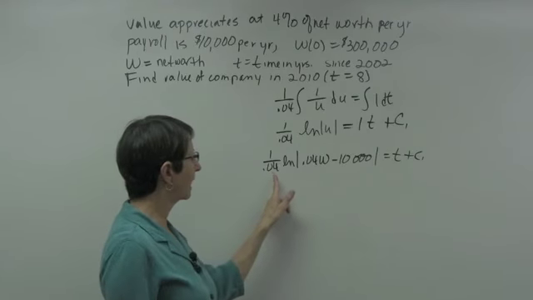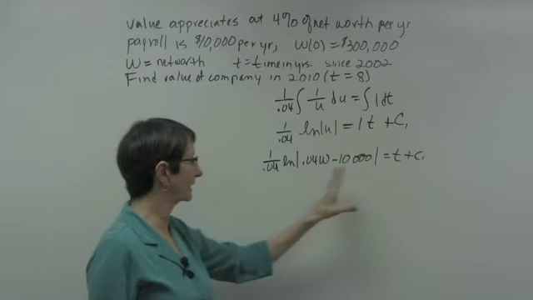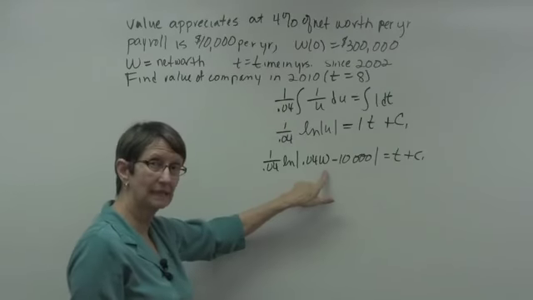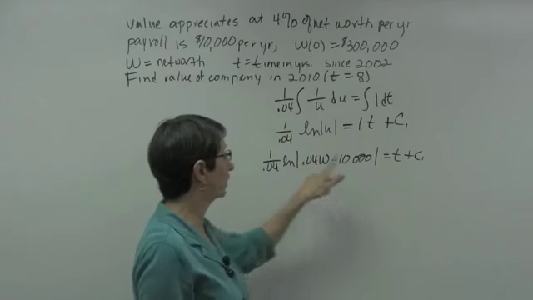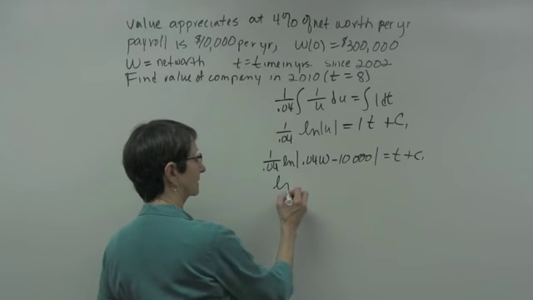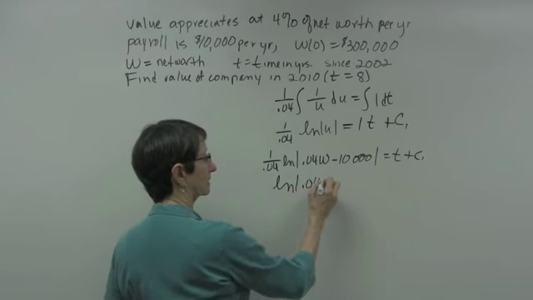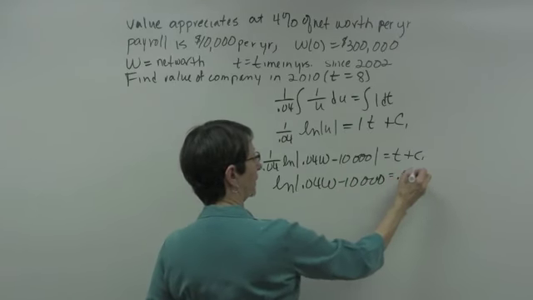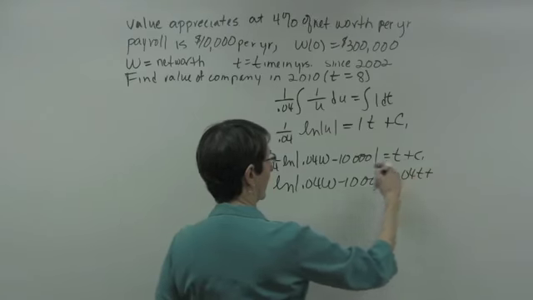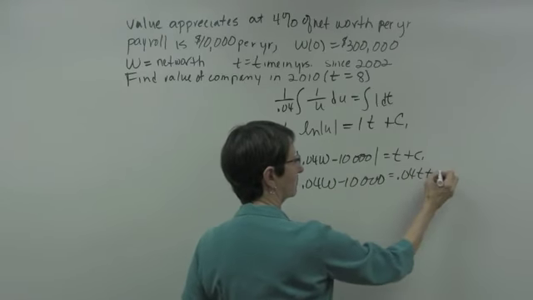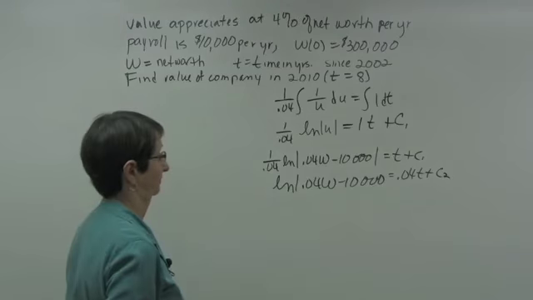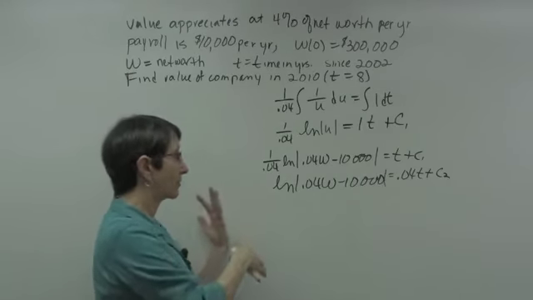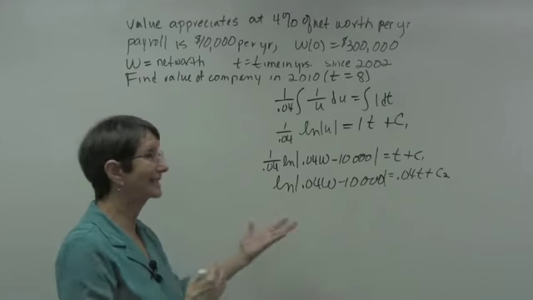I multiply over the 0.04 first because this is the piece inside here that I'm trying to get to so I can isolate that W. So multiply 0.04 over here gives me ln of all this equals 0.04 T plus, and I'm going to go ahead and multiply 0.04 times C1 and call it C2. And as happened before, if I have an ln, I need to get it out.